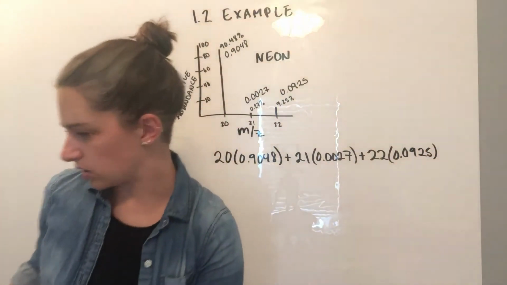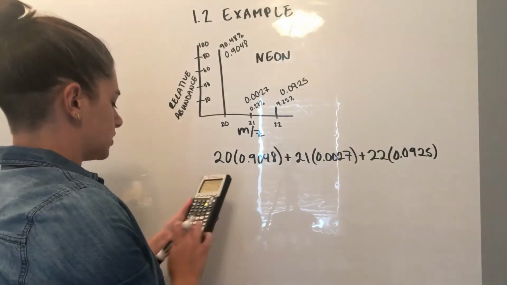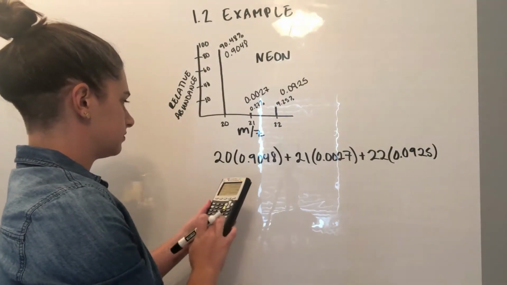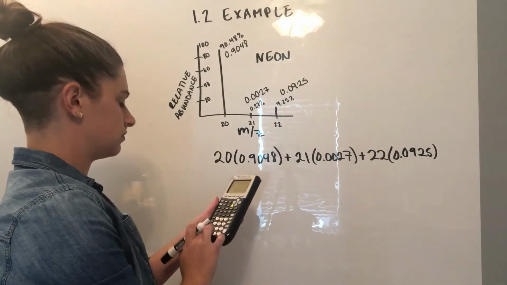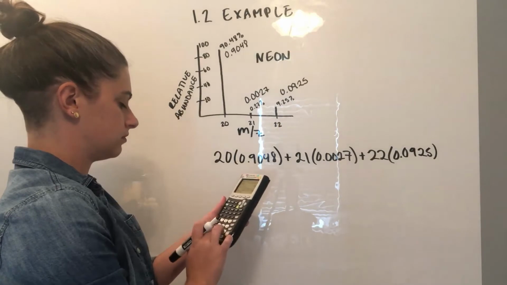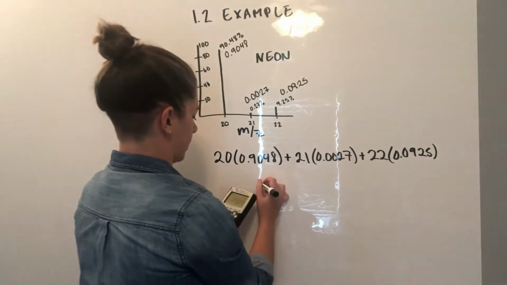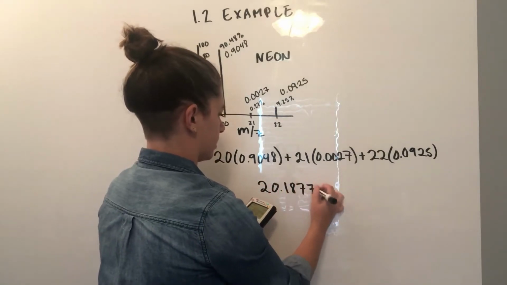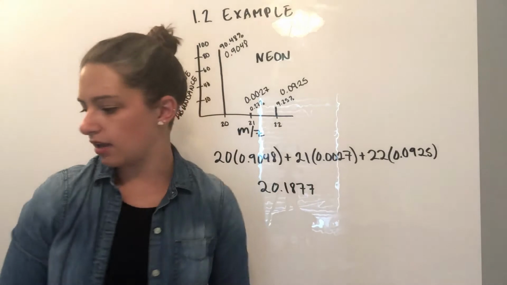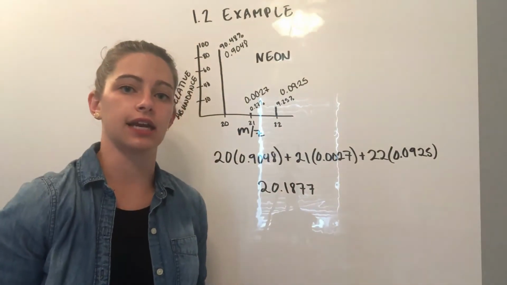Okay, grab my calculator. And then at this point, we're just plugging it all in. And we get an average of 20.1877.